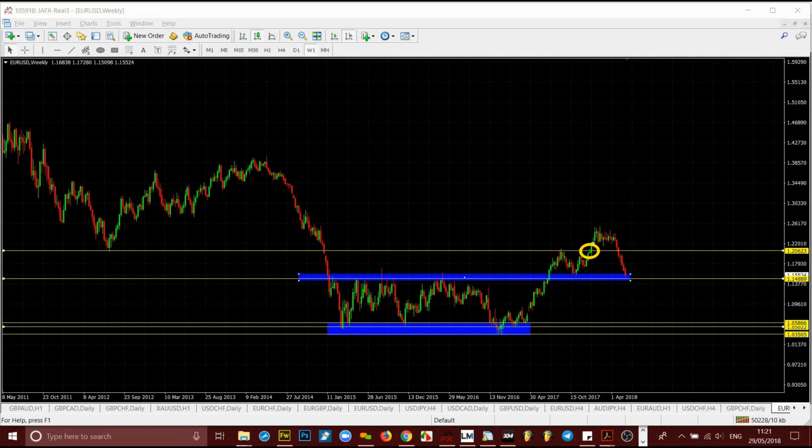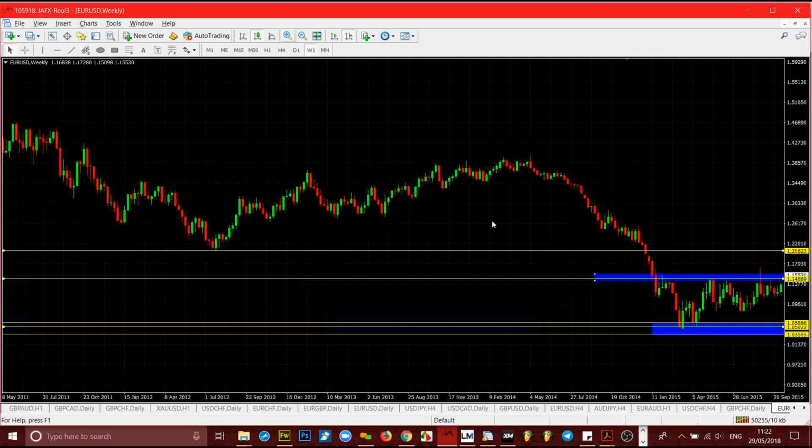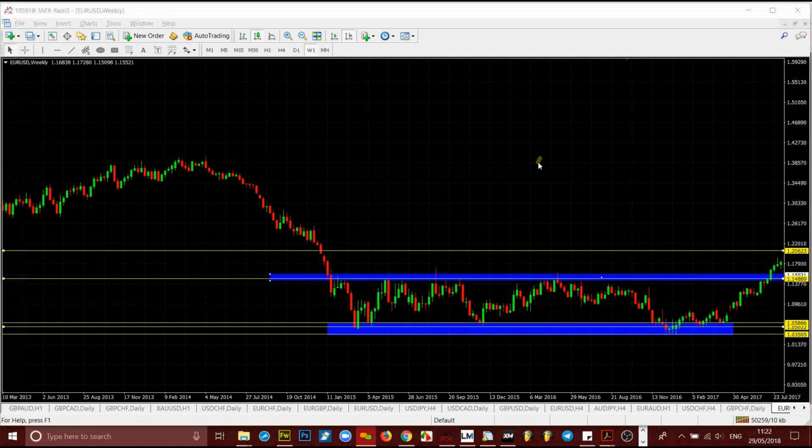It broke out of this. This is an example of what they call breaking out, meaning that price broke out of that line. Price penetrated it. Let me make it bigger. Okay, this is it. Price penetrated that line. You see the line I'm trying to show you?